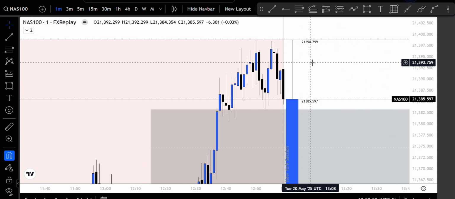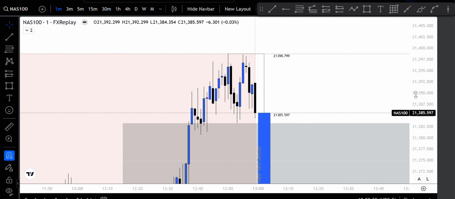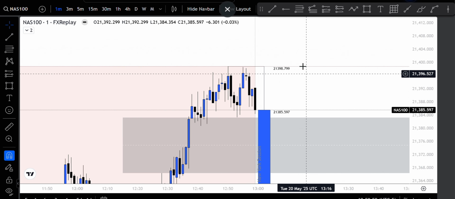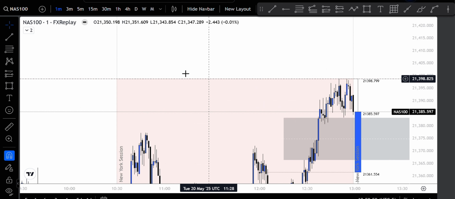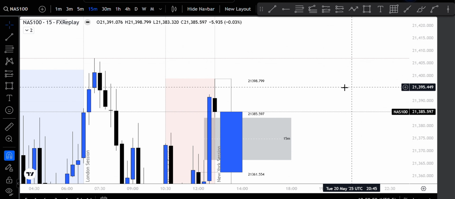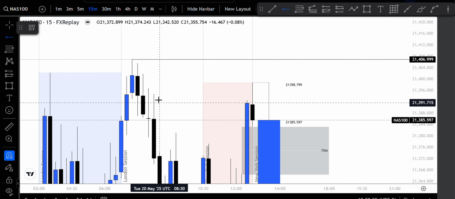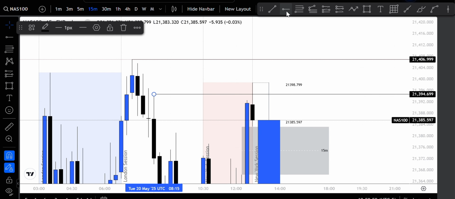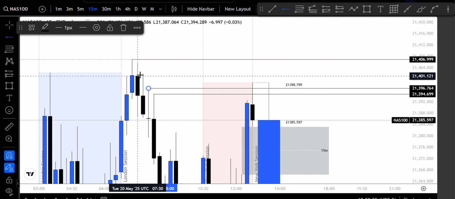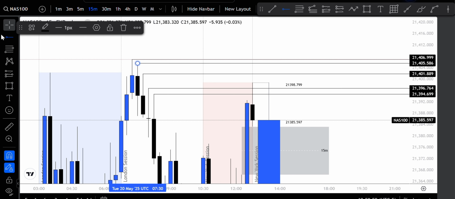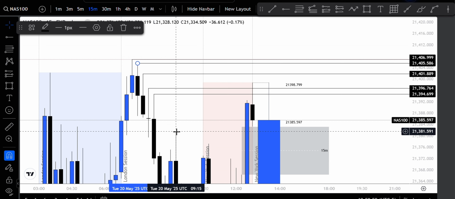Now let's see. We can see this little accumulation. So we could see maybe a manipulation, then an inverse change to target the upside, right? That would be a good thing to do. But now let's see also this, because this is also a little controversial to you. So we have all of these liquidity points. I actually need this tool. We have all of these liquidity points. What does this mean? This means that there's a lot of stop orders.